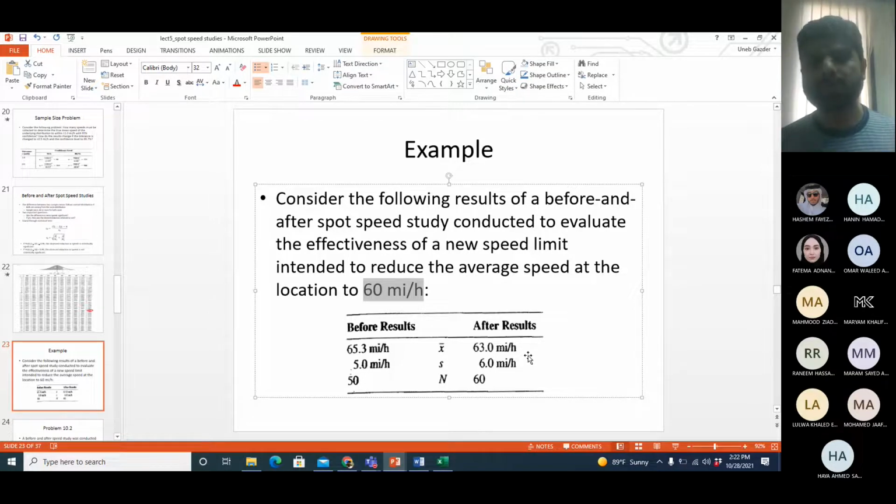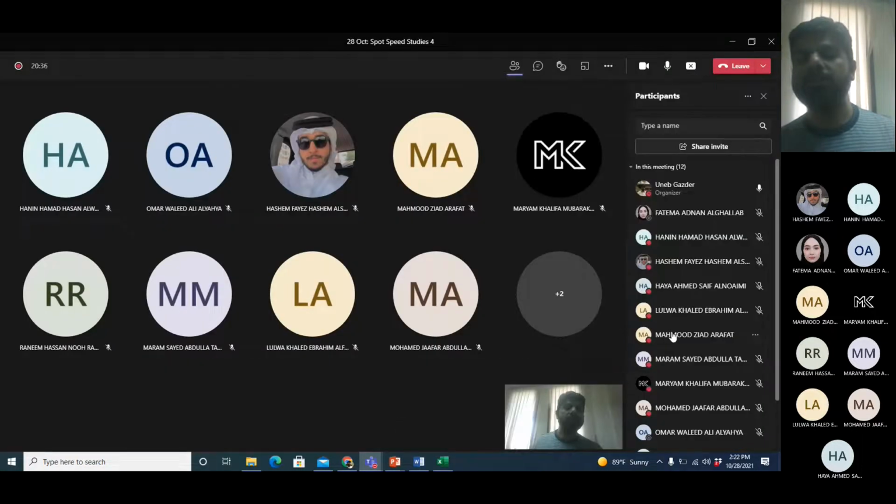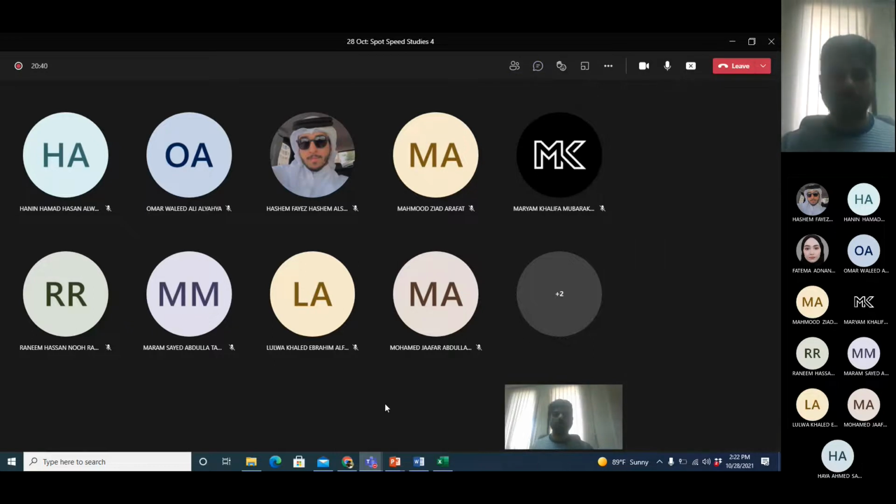Or a mean close to 60. Now it is 63. The mean of the after sample is 63, and you are trying to achieve 60. So what should be the answer to the second question now? Yes or no? Did I achieve the required value or not? What do you say?